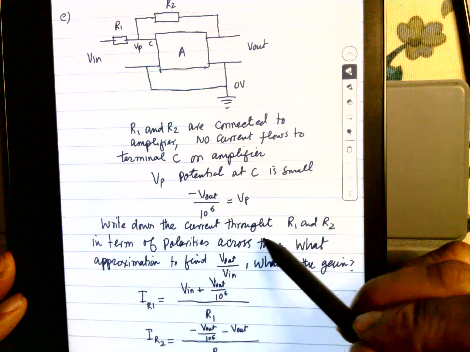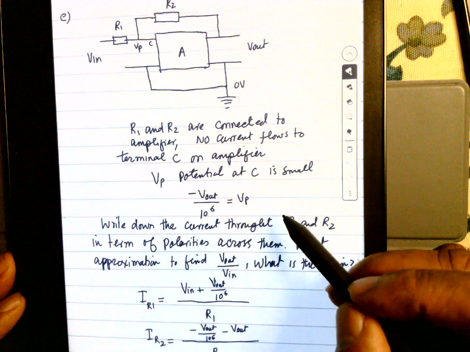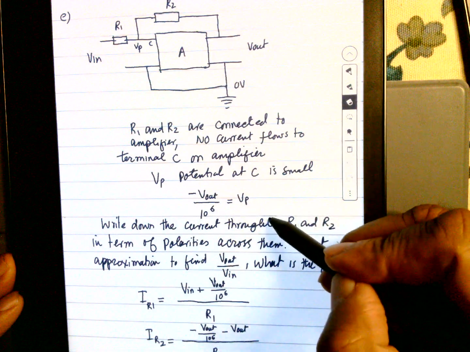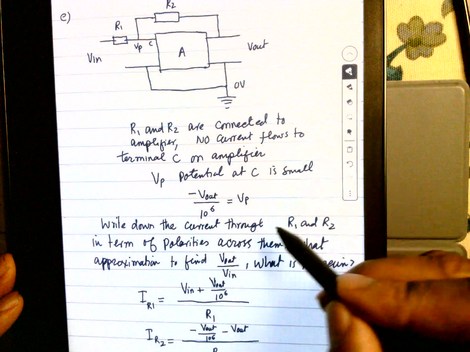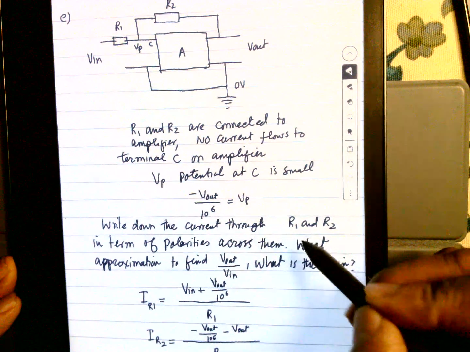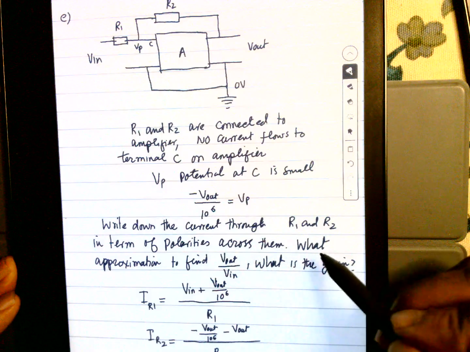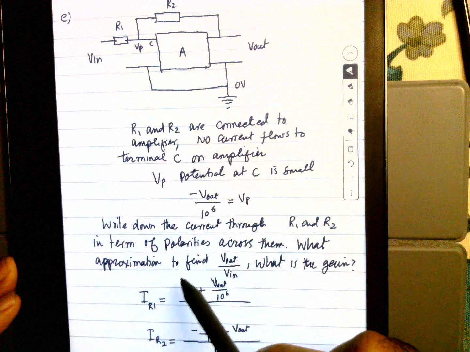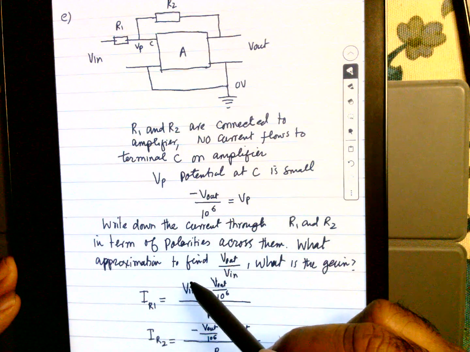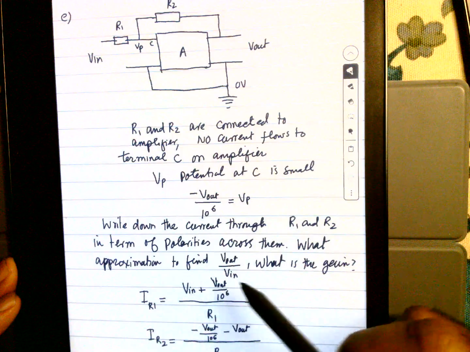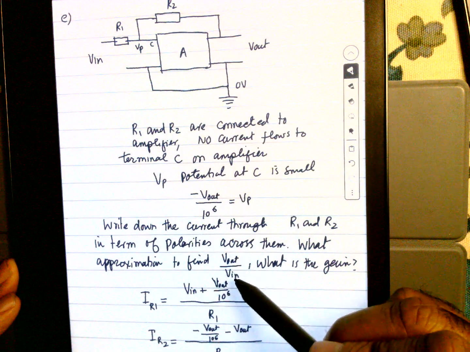So write down the current through R1 and R2 in terms of the potentials across them. What approximation is used to find V out over V in?